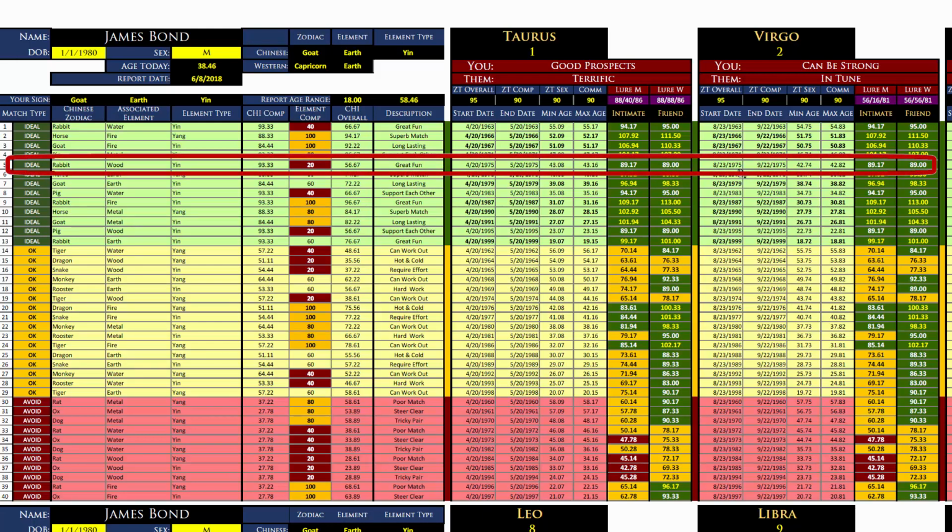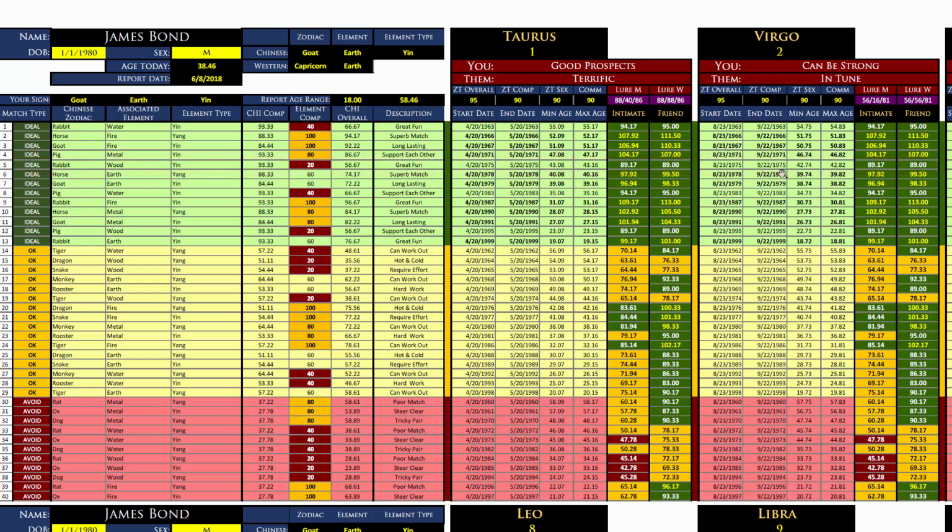And then over here, a Virgo rabbit would be a person who is born between August 23rd of 75 and September 22nd of 75. So on this report, there's no way that a date range can be duplicated. Without error, that group of days is never duplicated anywhere else on the report, period. These are very unique individuals that have been identified to be who they are in each category, with whom you're going to be compatible.